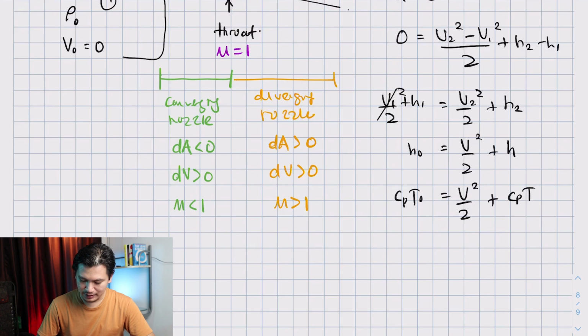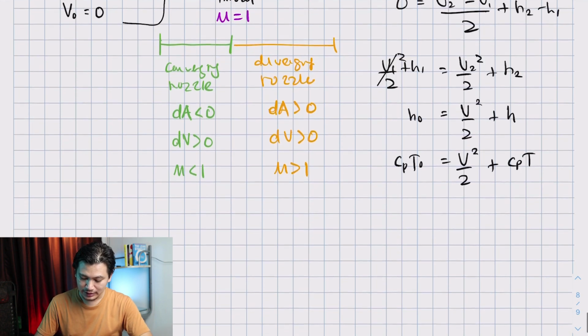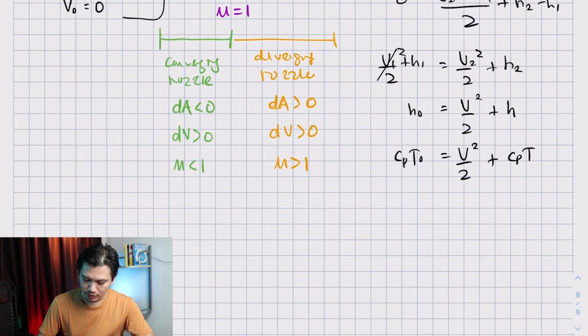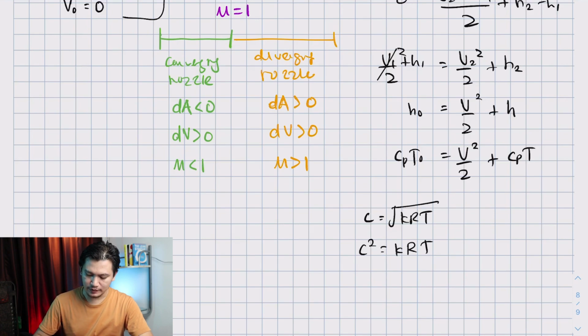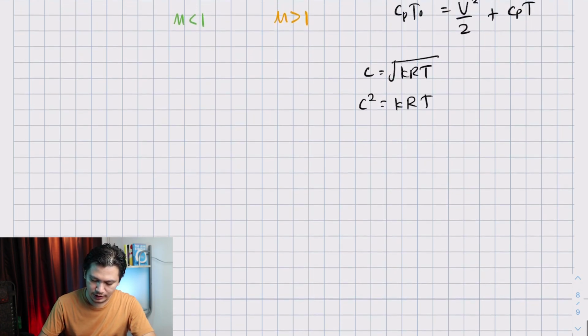Right? And I'm going to do a bit of manipulation here, using what we already know about the ideal gas equation. Okay, so we also know that the speed of sound, C, is equal to the square root of kRT, right? And this gives us C squared equal to k times R times T. Okay, I'm just going to write this equation again here.